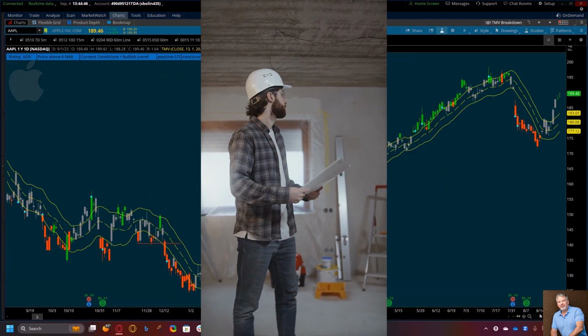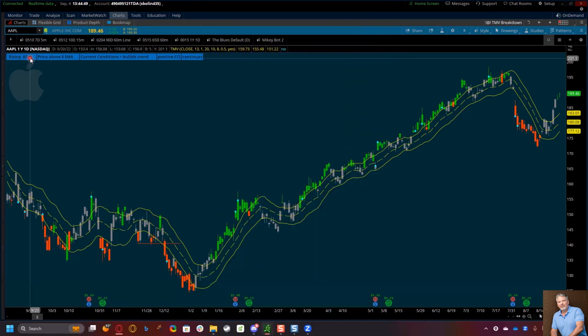So I made this. We can see that we have a rising ADX. We have price above the 8 SMA, and the current conditions are a bullish trend with positive CCI, and all of that continues to the upside. All of those signals are from Thinkorswim's original using their language and their description for what makes a bullish trend or no bullish trend.